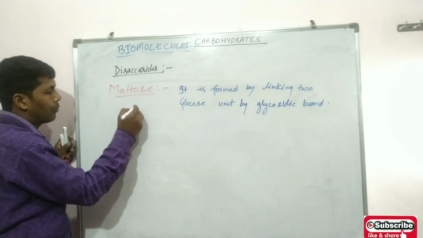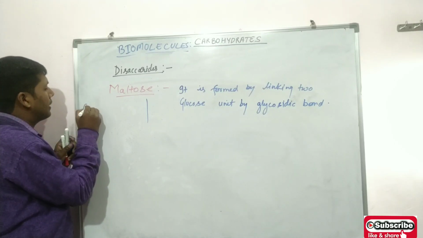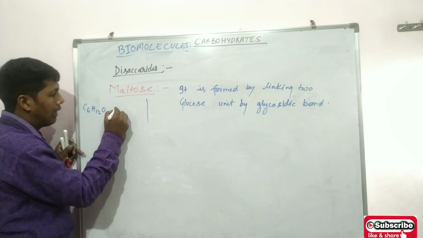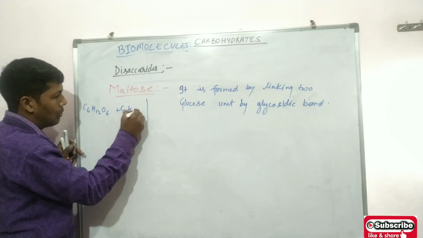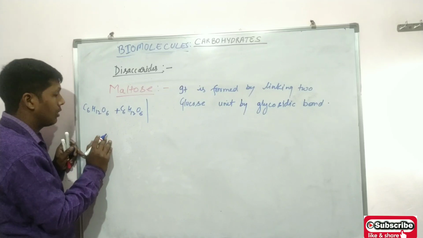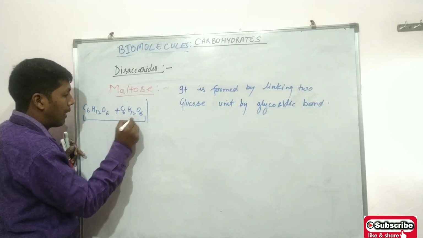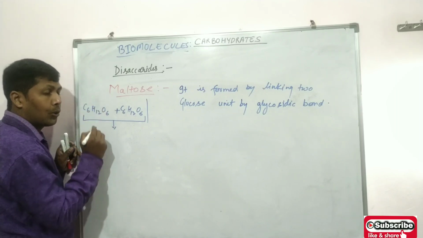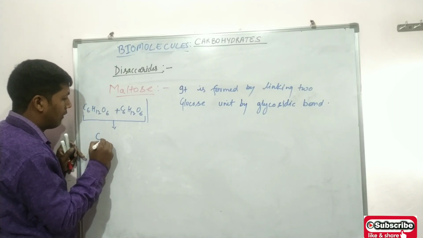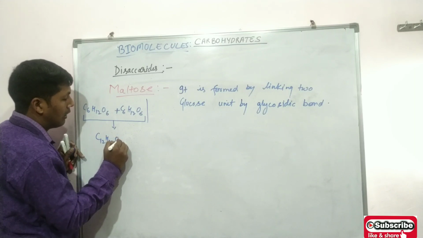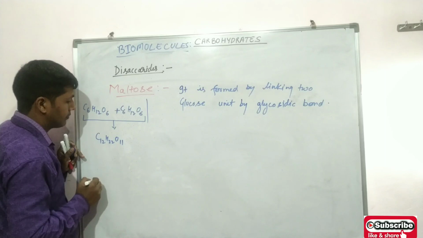As two molecules of glucose, C6H12O6 is one molecule and C6H12O6 is the second molecule of glucose. Both combine and then form maltose, C12H22O11.